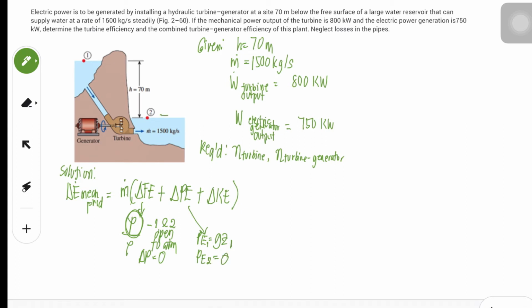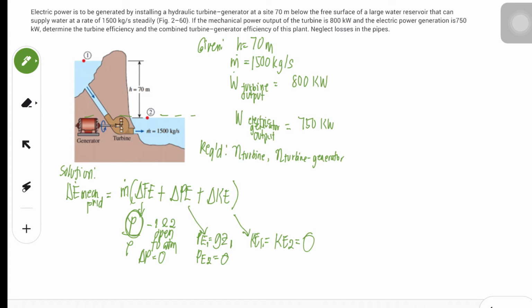This is the point 2 elevation. And also the kinetic energy at point 1 is also equal to the kinetic energy at point 2, so this is also equal to 0.